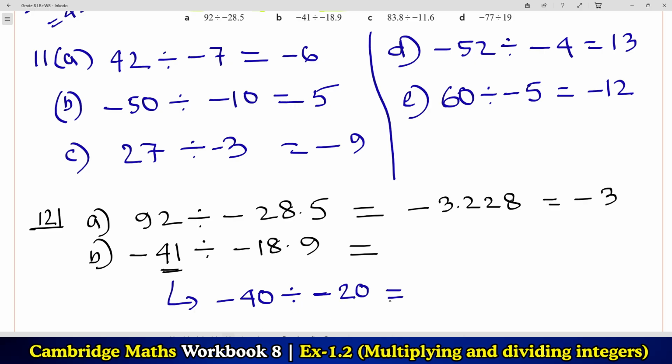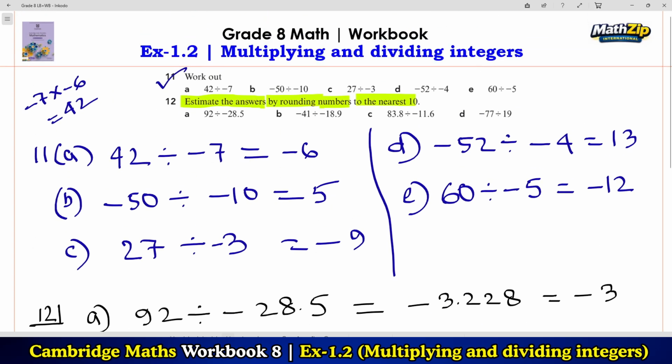So the result will be minus divided by minus, it will be plus. 40 divided by 20 is 2. Let's see the actual result. 41 divided by 18.9. So the result is 2.16. To the nearest integer it is 2. Okay, so number 12, a and b done.